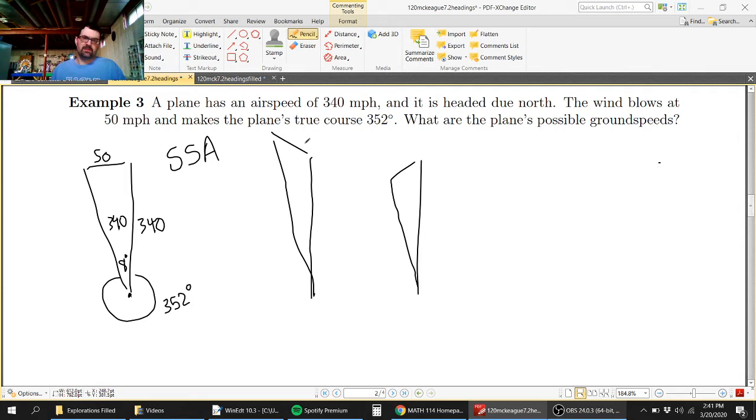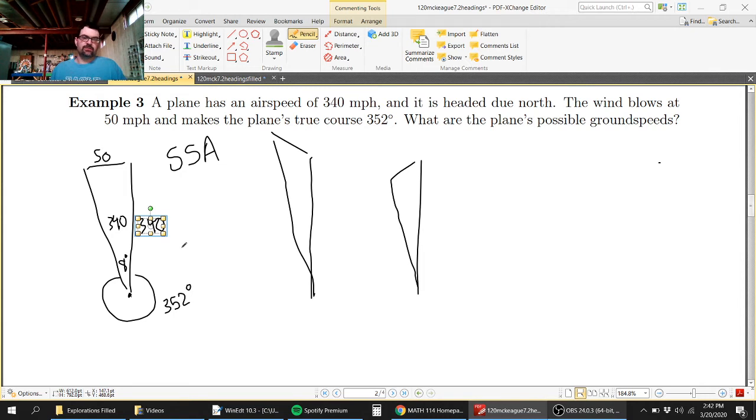Now, one case speeds the plane up and one slows the plane down, but either of those could deflect the direction of the plane so that it's going in that same direction, no matter what case you're talking about. So we're probably looking at a two-solution situation. All right, and basically we've got it already. We have our two side lengths.